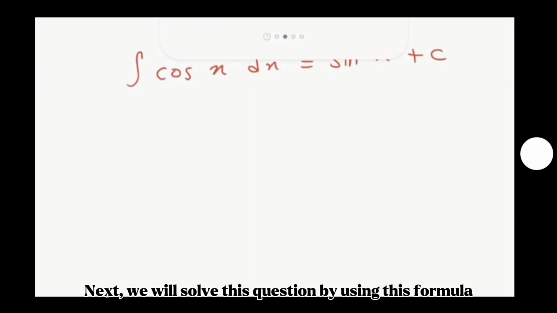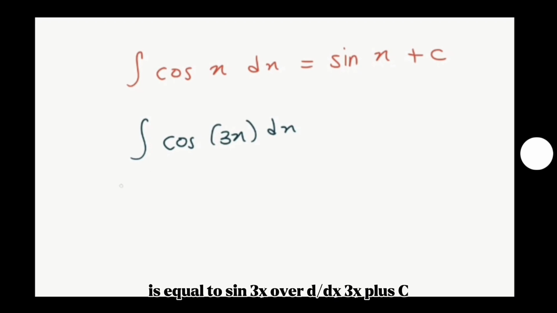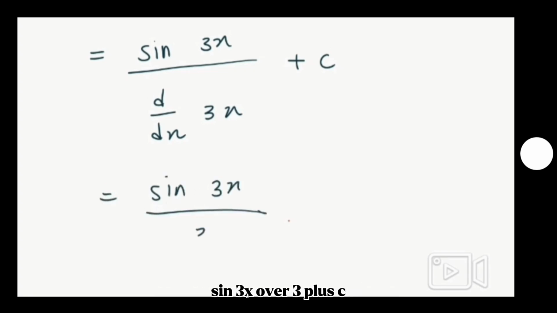Next, we will solve this question by using this formula where the integral of cos 3x dx is equal to sin 3x over d/dx of 3x plus c. So the answer for this question is sin 3x over 3 plus c.